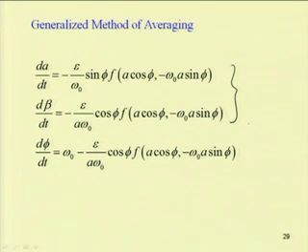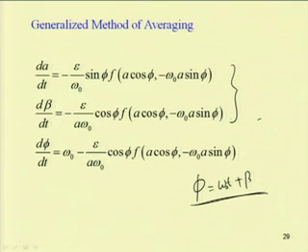We have taken phi equal to omega 0 t plus beta, so we can write the second equation in terms of d phi by dt.